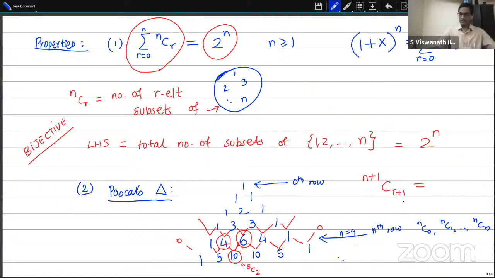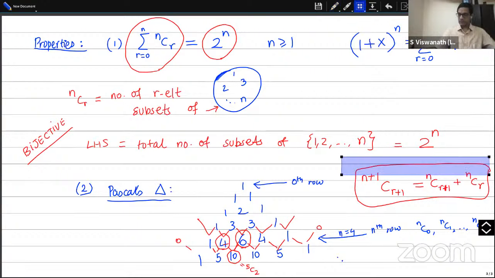Okay, so 5c2 is a sum of 4c2 and 4c1. So in general, the pattern becomes this. Right? So the two things in the previous row which add up to give you the next one are exactly NCR and NCR plus 1. Okay, so that's the property we want.